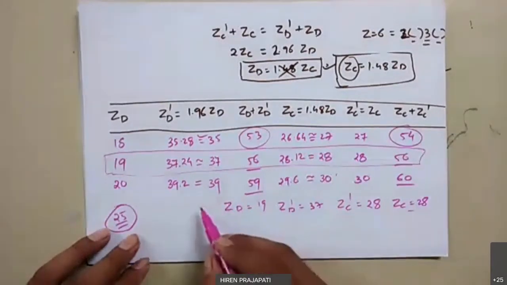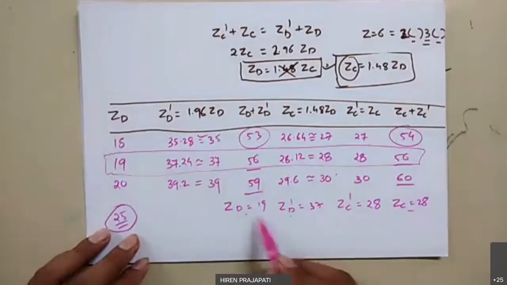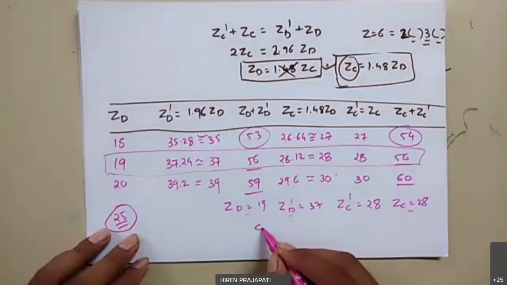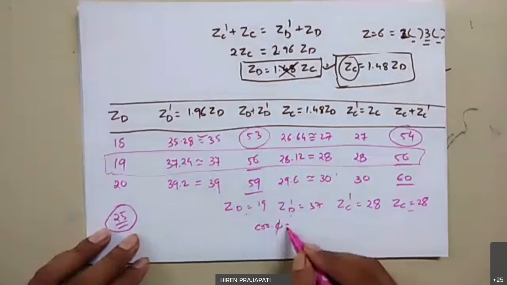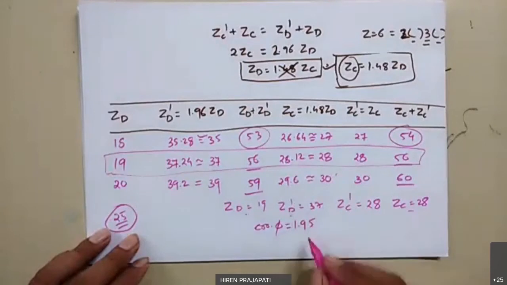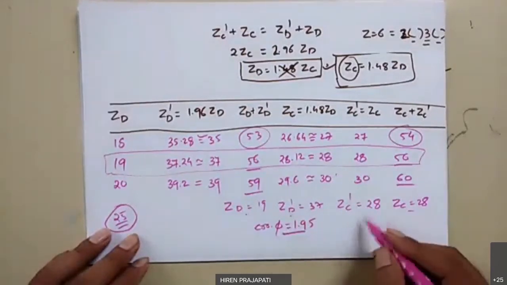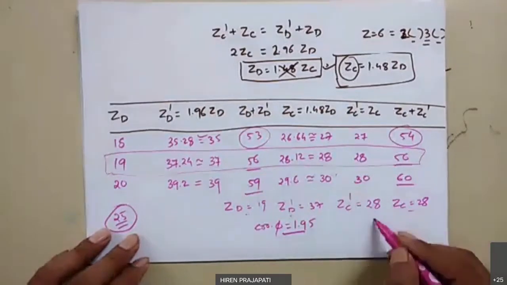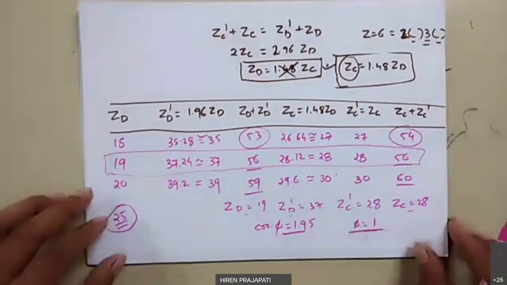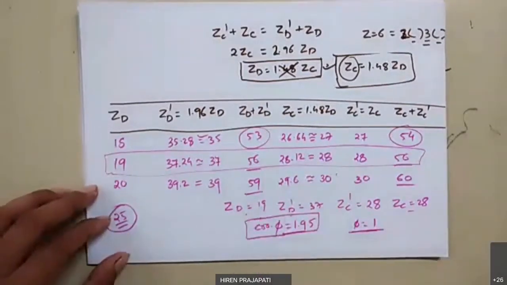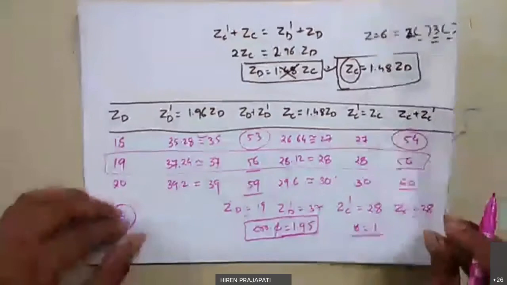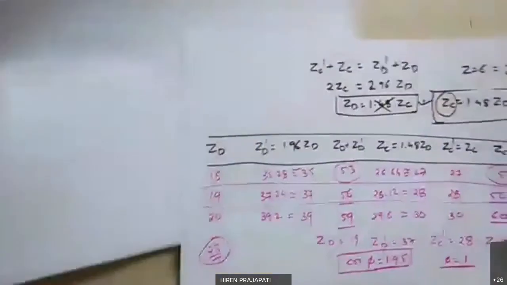If you find the corrected gear ratio between these two, the corrected value will be 1.95, right? Similarly here we get 28, 28, so this will be 1. So no correction actually here, we are getting the same as the theoretical value, right? But this value is changed now, 1.95. So due to this, we get some variation in the speed.